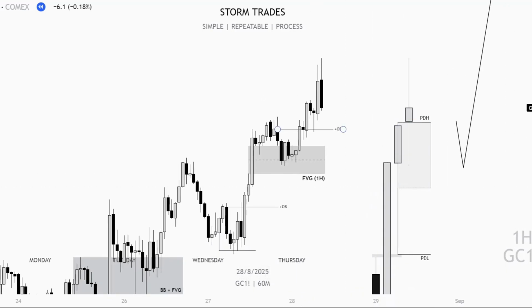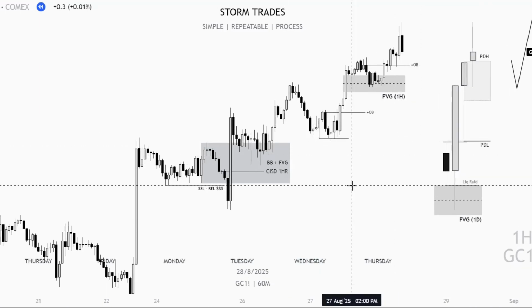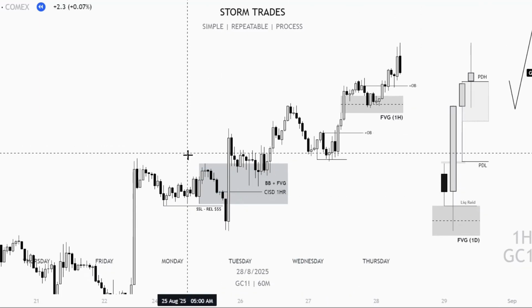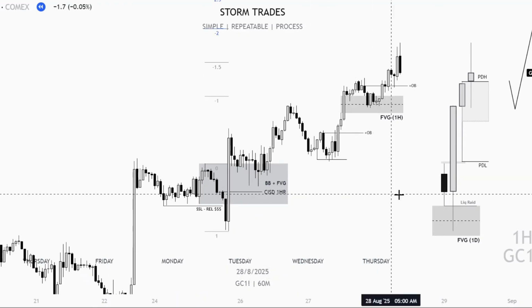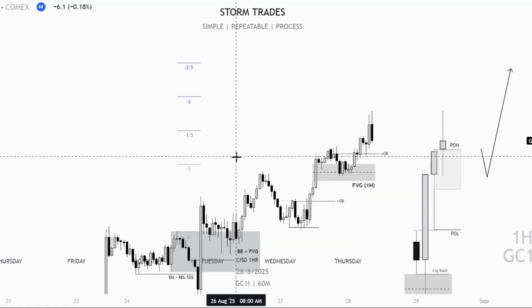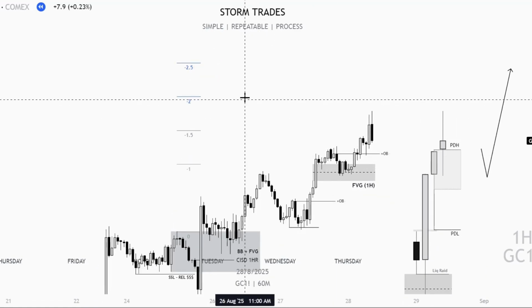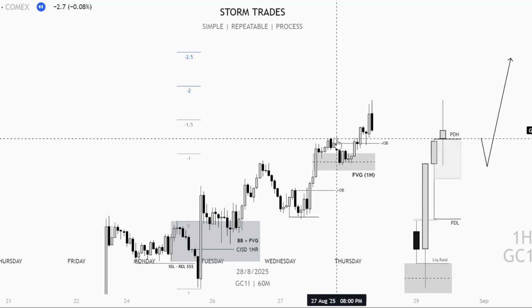Okay, and I also want to take a look. Let's go back here, right? So earlier in the week, once we had this breaker form, if we were to run a fib from here, it gives us targets that we should be looking towards the end of the week. So we haven't reached the -2 to -2.5 yet.